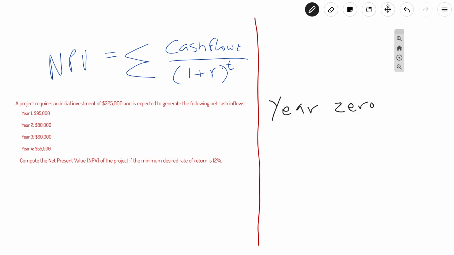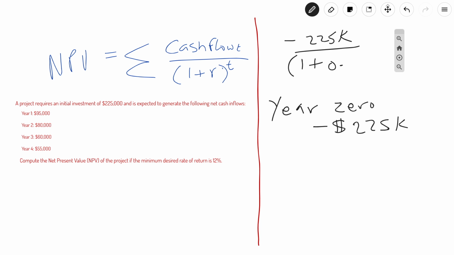So in year 0, without going too far, we know that we have spent that 225K. Now, just to give you context as far as how that is calculated, if you were to apply this formula to that 225K, you would have the minus 225K at the top, and at the bottom you would have 1 plus this rate of return of 12%, which is 0.12, and all of that to the power of 0, and anything to the power of 0 is 1.